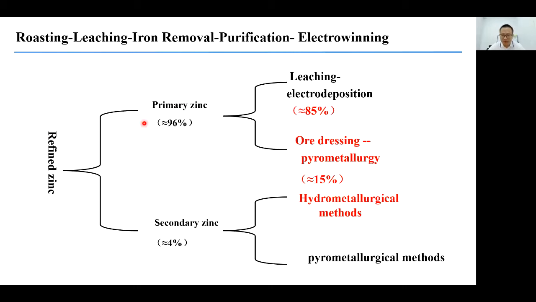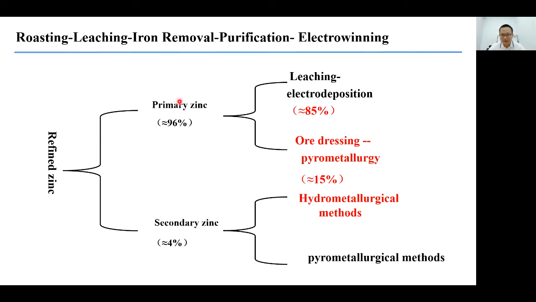And the number in our accounting is that primary zinc accounts for 96%. So a very small amount of zinc is recycled nowadays, but this number is increasing, and this is a tendency in the future. So this number will decrease, and this number will increase.